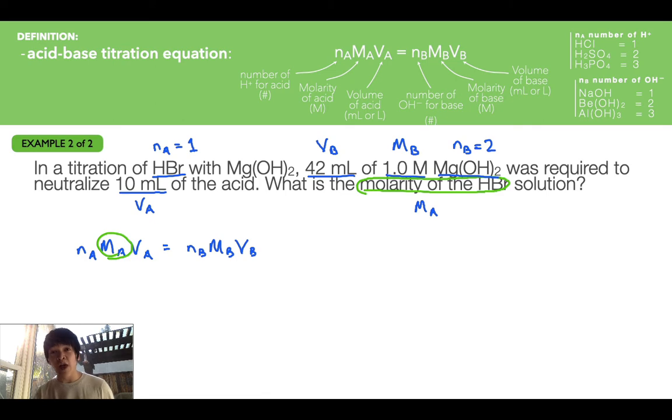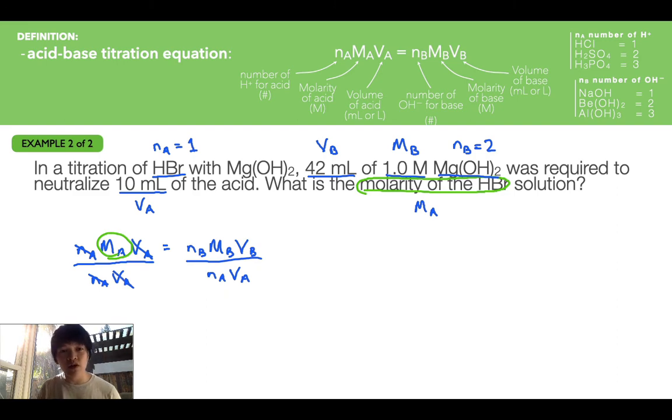So we have everything. We just need to solve for the molarity of our acid. So we need to solve for that part of the equation. To isolate it, divide both sides of the equation by Na. The only side that will have anything cancel out is on the left side. Na cancels out with Na, Va cancels out with Va.